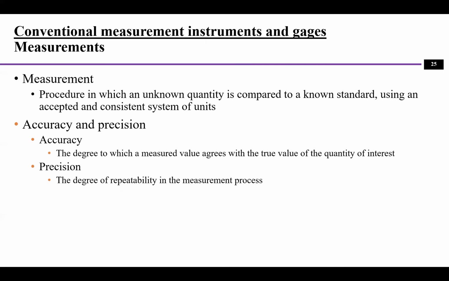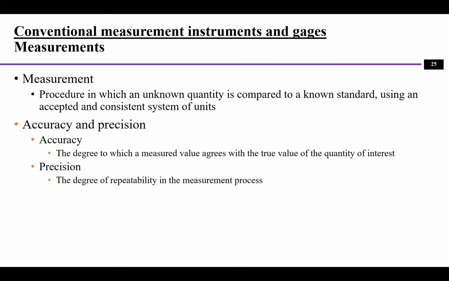So accuracy describes the degree to which a measured value agrees with the true value of the quantity of interest. Which means it is really measuring the true value. So that's accuracy. Well, precision is the degree of repeatability in the measurement process.